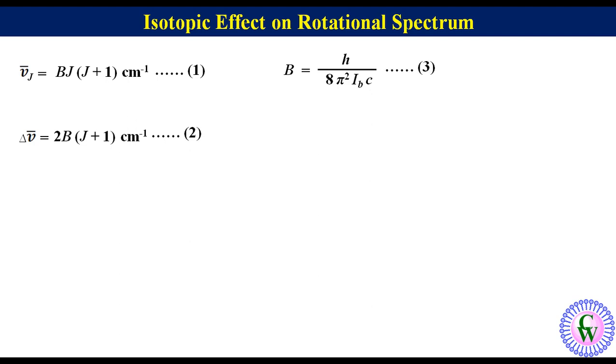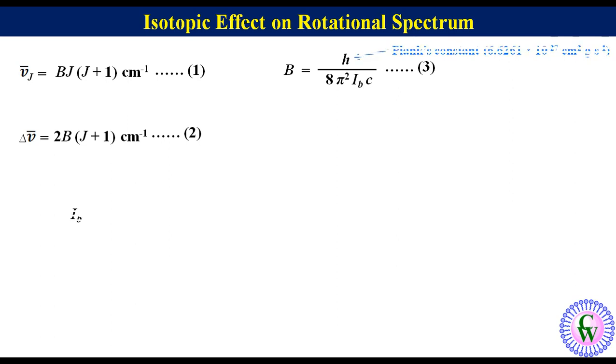This is equation number 3, where Ib is moment of inertia in gram centimeter square, c is velocity of light, which is equal to 3 into 10 to the power 10 centimeter second inverse, and h is Planck's constant, which is equal to 6.6261 into 10 to the power minus 27 centimeter square gram second inverse.